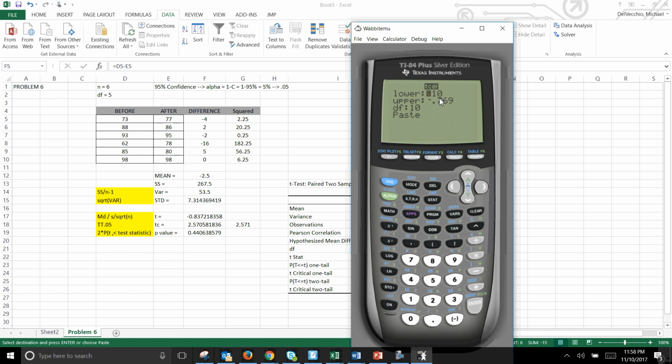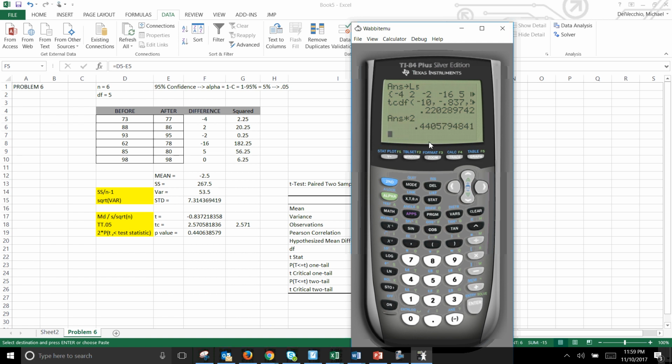And then for the upper bound, we'll put in our test statistic, -0.837. That'll be sufficient. For degrees of freedom here, let's put 5. And we'll go down here and paste it in. Okay, so you get 0.2202, and if I multiply that by 2, because that's the one tail, I get my 0.4405, so that's my p-value.